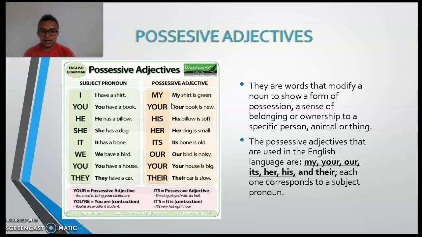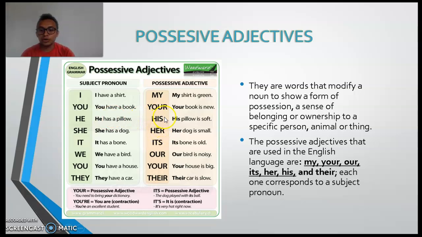Now, if I'm talking in second person, I'm going to use your. Your book is new. Right here, we have the third person, he, she, and it.